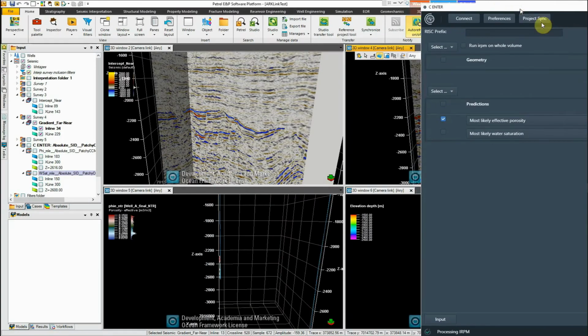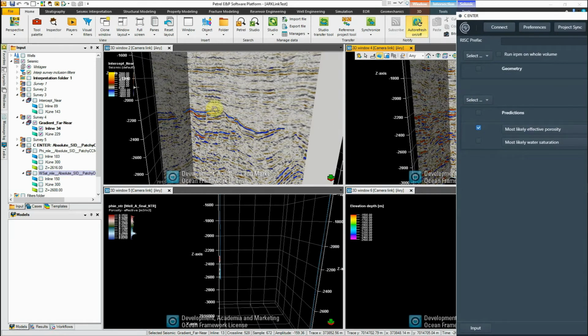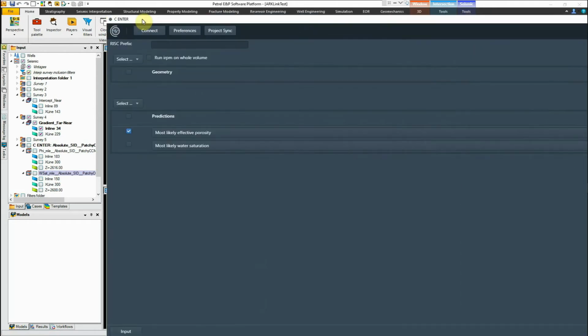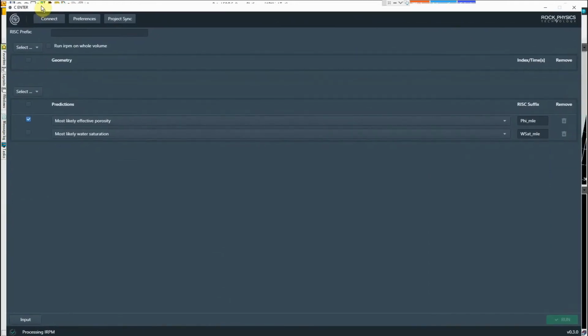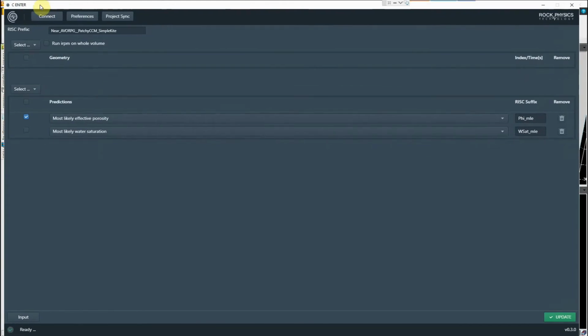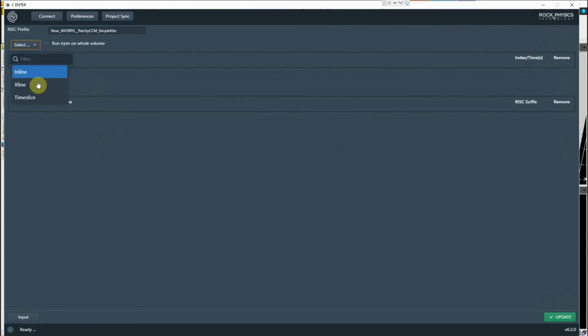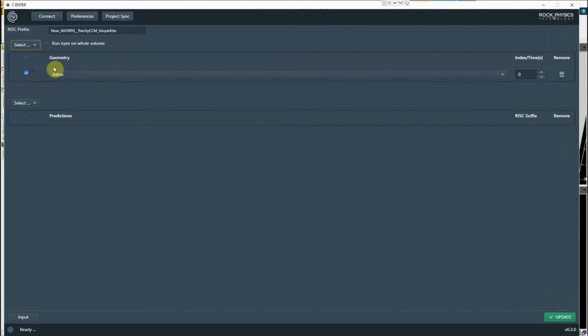I have prepared my windows here, so now I have the intercept over here, I have the gradient over here, and I'm keeping these two ready to display the results, for example, porosity and saturation. So let's just reset this, start from scratch. I'm going to choose inline.